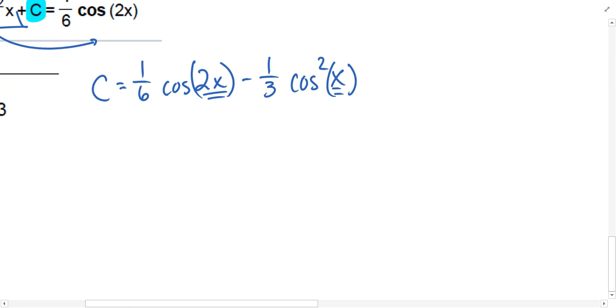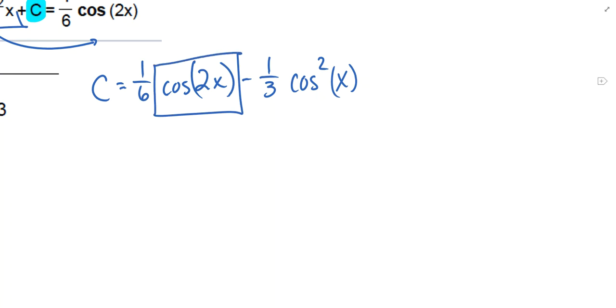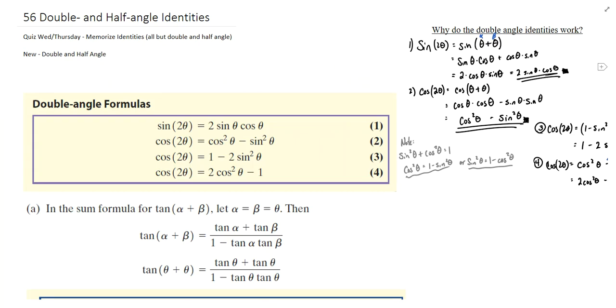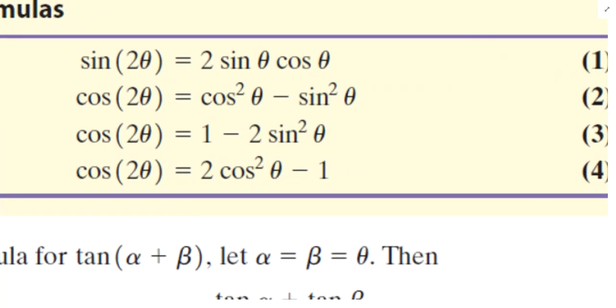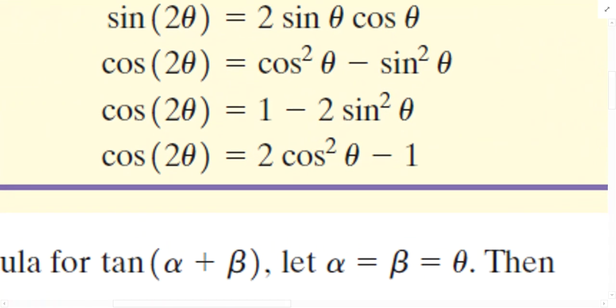So what I think I might try here, and again, this is the problem with this trig unit, is that sometimes you just have to try things to see what sort of result you'll end up with. I'm going to try to rewrite cosine 2 theta using one of the double angle identities that was discussed on day 56. We had the handout that had these double angle identities, and there happen to be 3 of them for cosine.